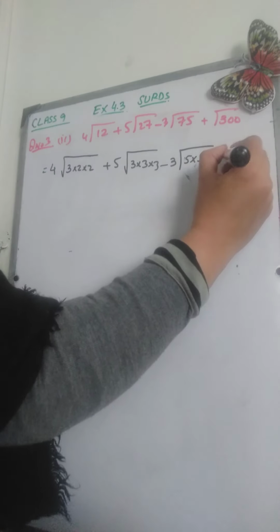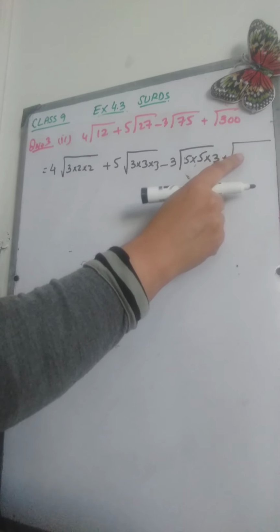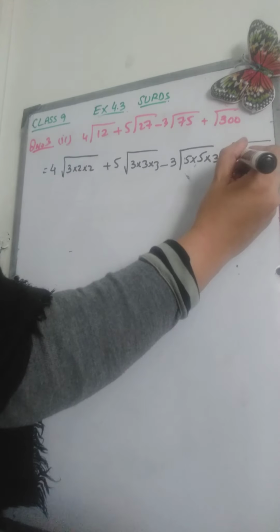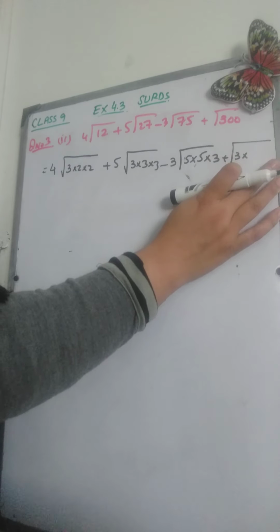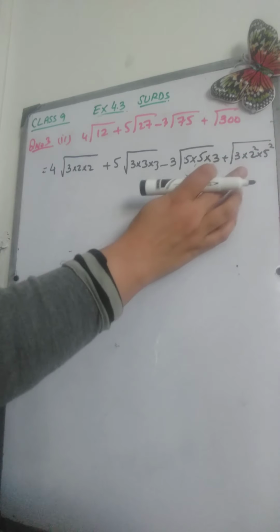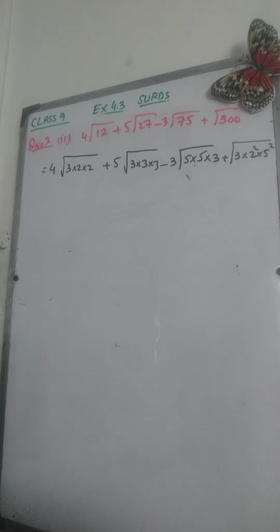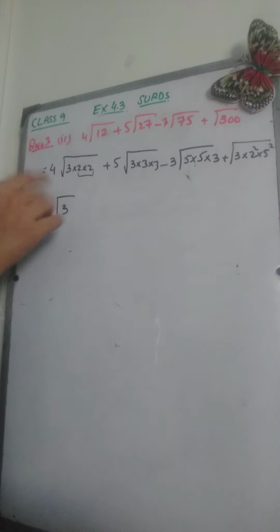Okay, plus 300 can be written as 3 times 100, means 3 times 10 into 10, which can be written as 3 times 2 into 5, 2 into 5, which will give us 2 square and 5 square. Okay, after the prime factorization. Now out of these we can pull 2 out of the radical sign because it is in the form of a pair. The 3 will remain under the radical sign.